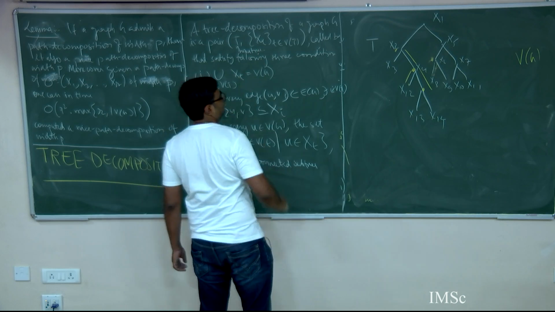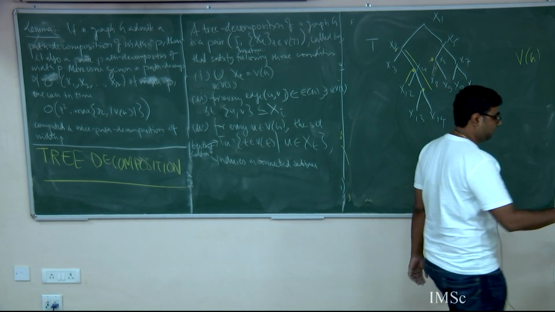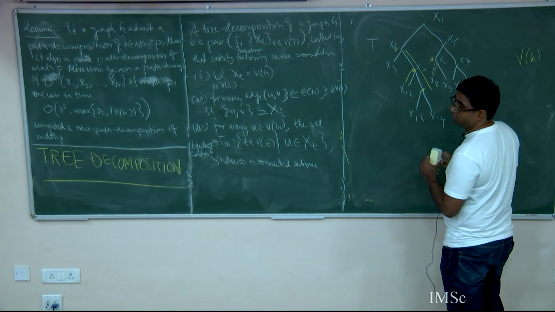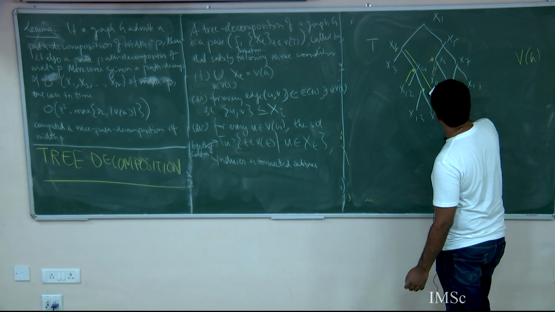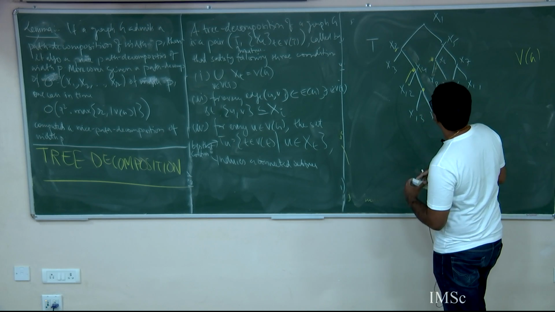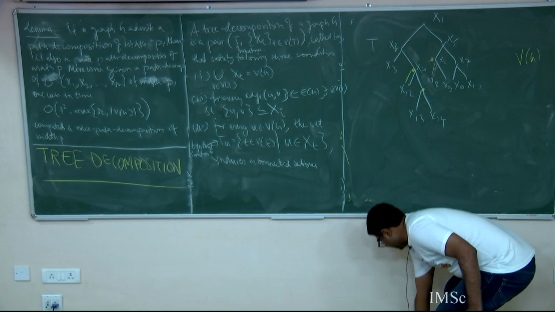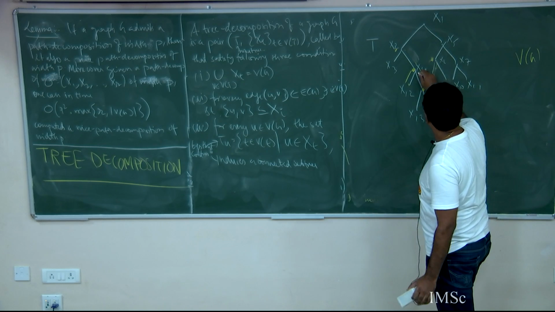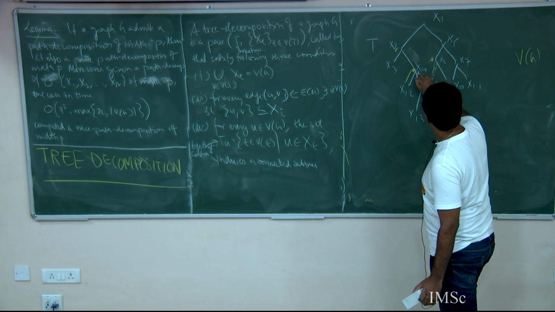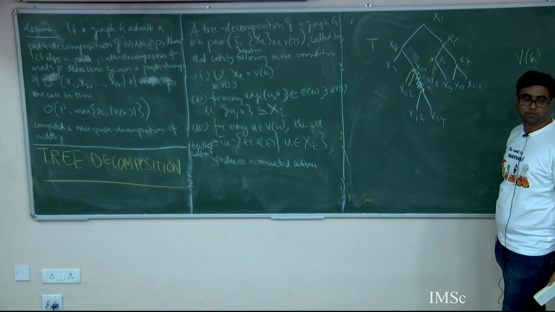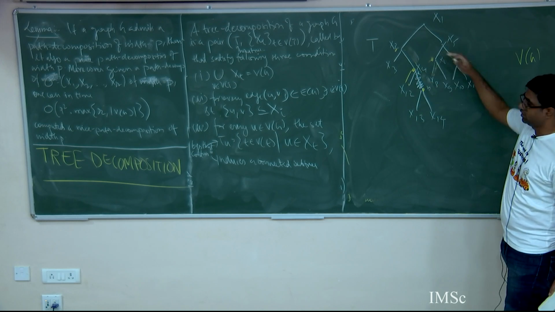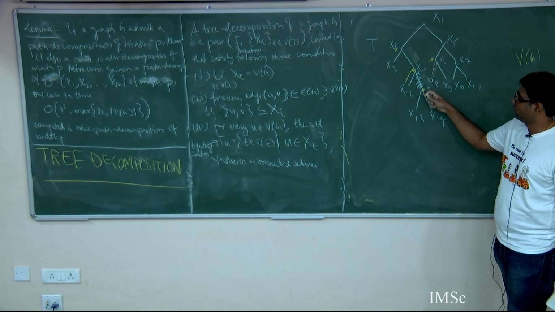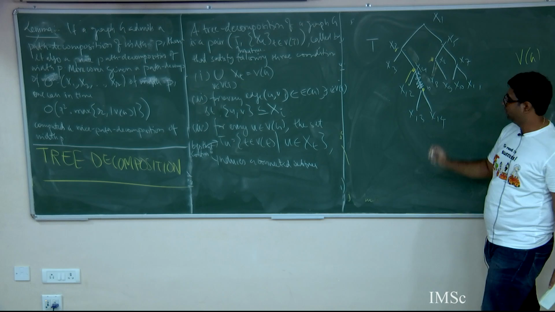What is the canonical way of understanding this decomposition? If I delete an edge A, B from the tree, the tree will partition into two parts, one containing B and one containing A.